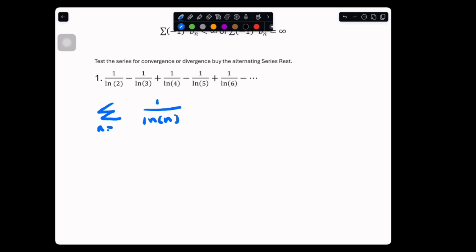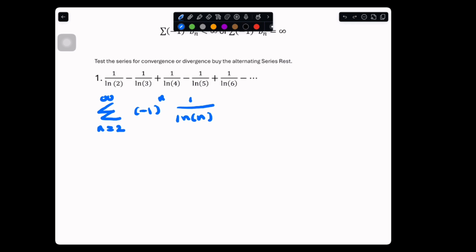I might have to start at n is 2 to infinity, but we need to alternate. So this will be -1 to the n. Let's see if it makes sense. I can put n.